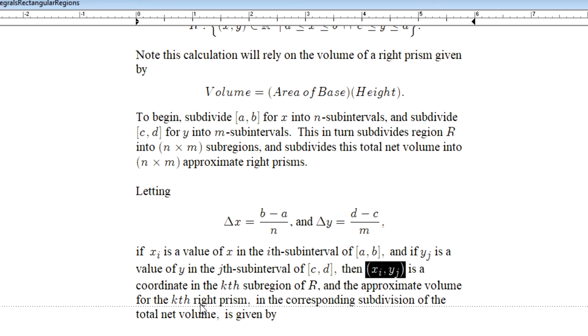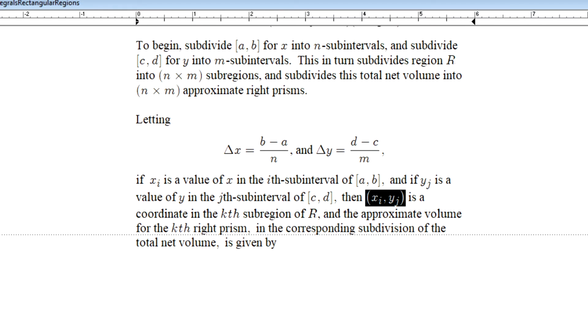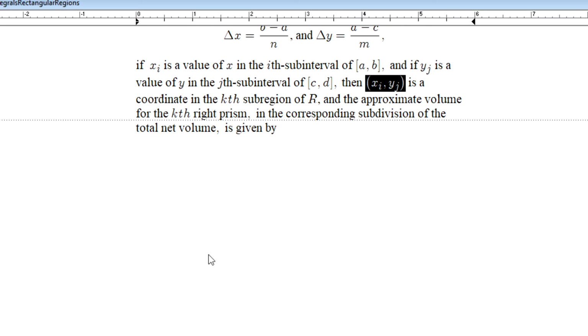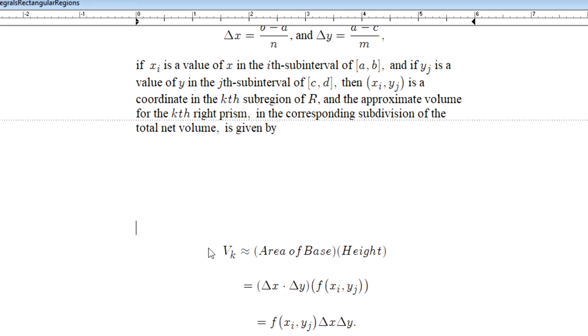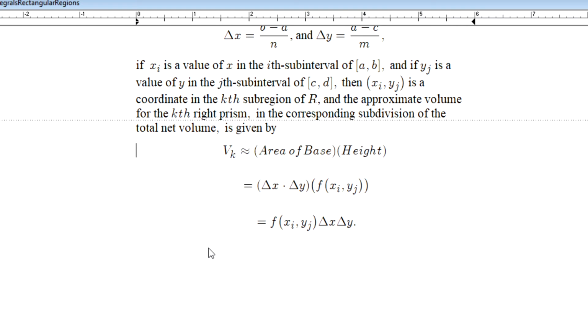And the approximate volume for the kth right prism in this corresponding subdivision of total net volume, right? The approximate volume for just one little sub right prism would be approximated as follows. And what you can see here is this is where we go back and rely on that fundamental idea for how we calculate the volume for a right prism. The right prism's volume we're interested in is going to be approximated by this value.